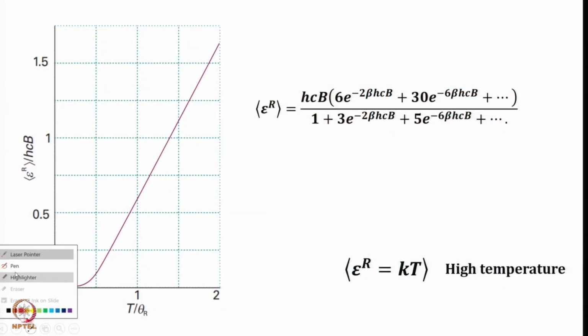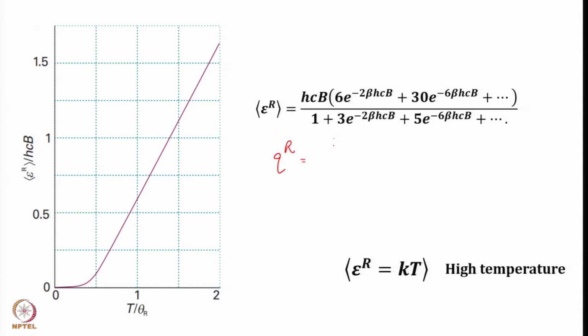We have discussed that when the temperature is higher than the rotational temperature, the rotational partition function can be equal to 1 upon sigma h c beta B. This is an expression where temperature is higher than theta r.